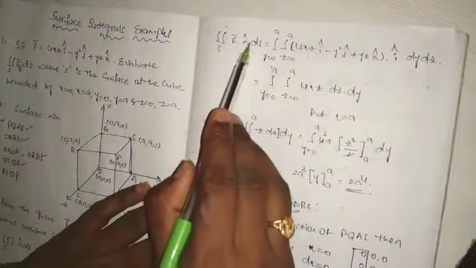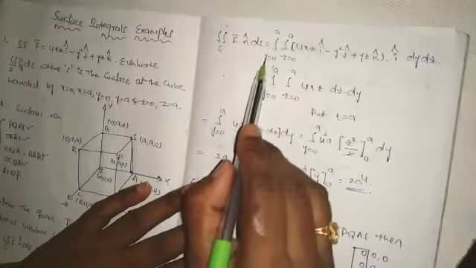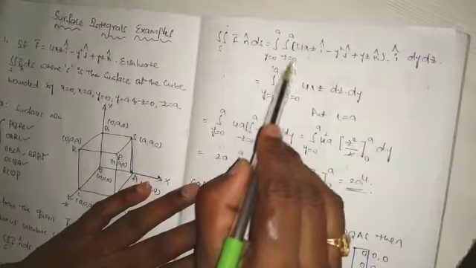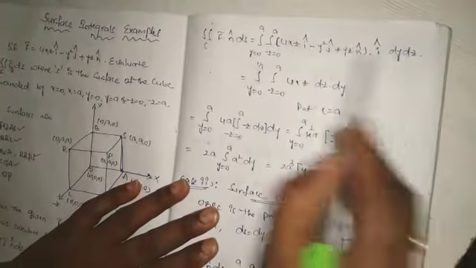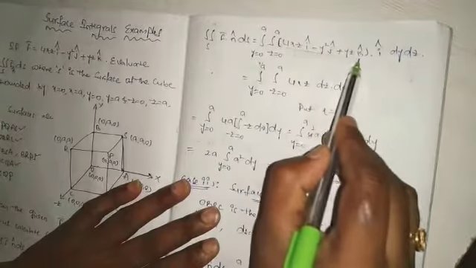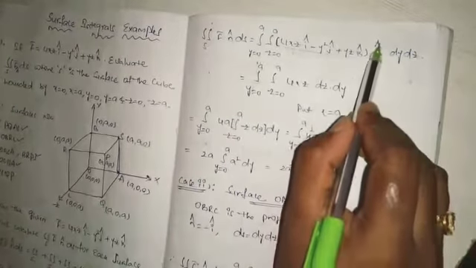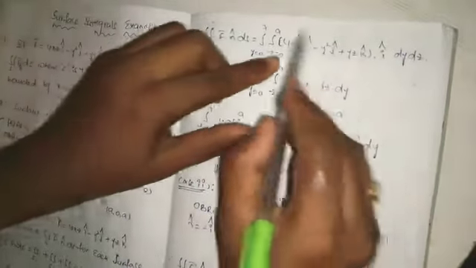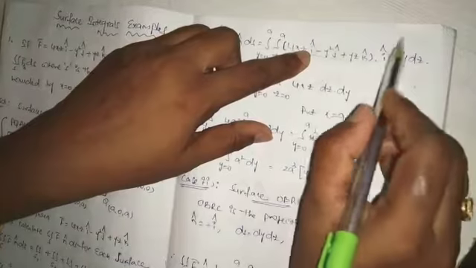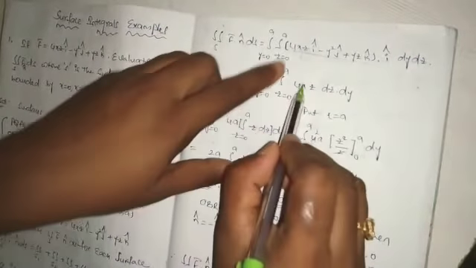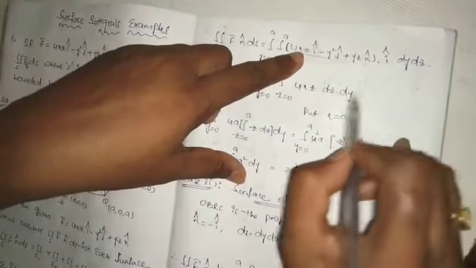The double integral of F bar dot n cap dS equals the integral y from 0 to a, integral z from 0 to a, because dS is dy dz. F bar dot n cap is i, and there is no j cap or k cap, so simply 4xz into 1, i dot i being 1, giving the double integral of 4xz dz dy.